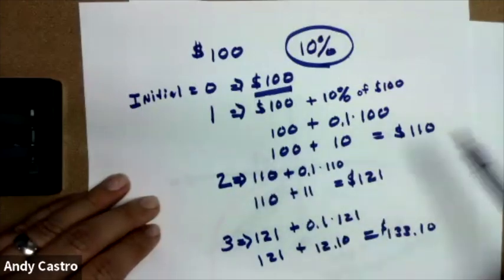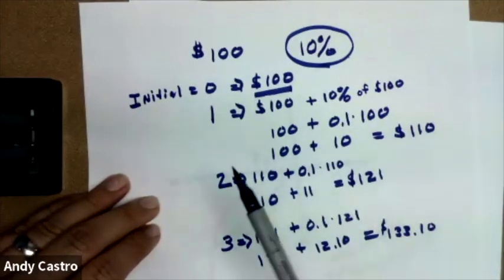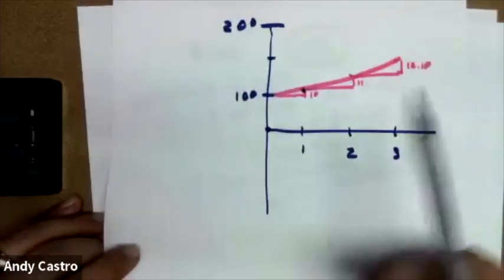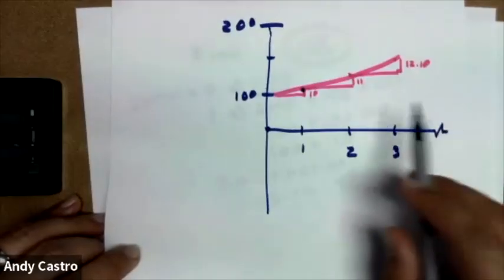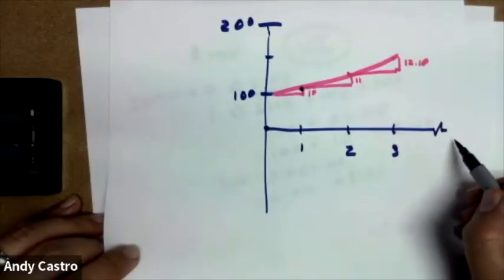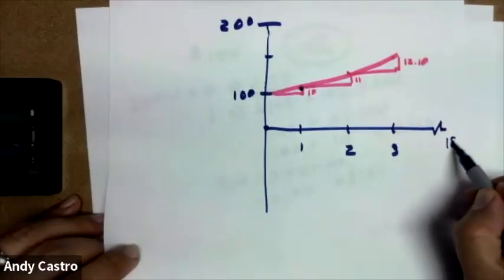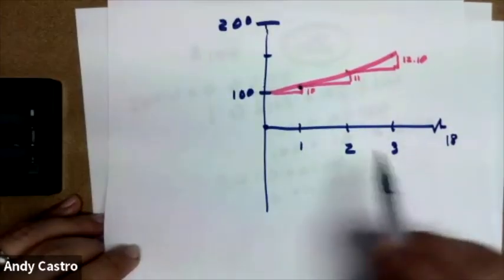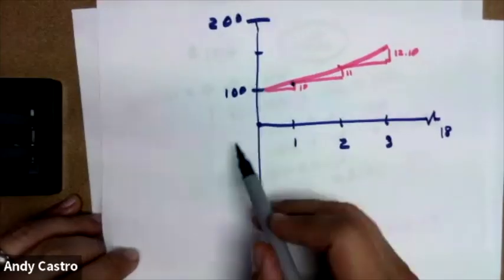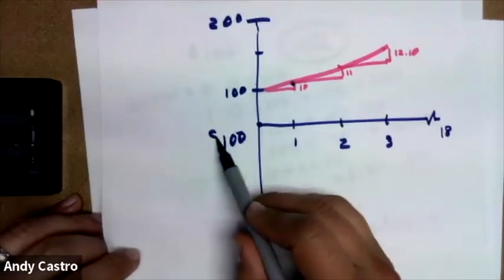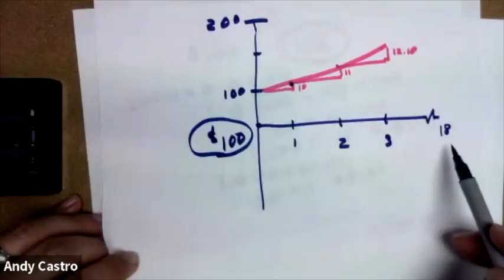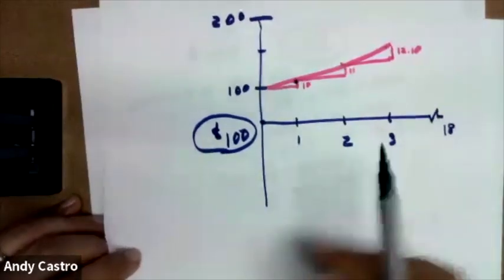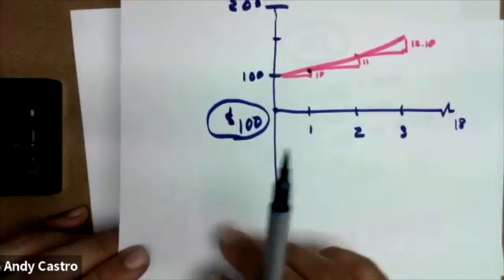If I know that I get 10% every year, then I should be able to come up with an equation to figure out how much money is in there after 18 years if I just let it grow. If somebody's born and I put $100 into an account and let it grow for 18 years, when they graduate high school, how much money does that give them?